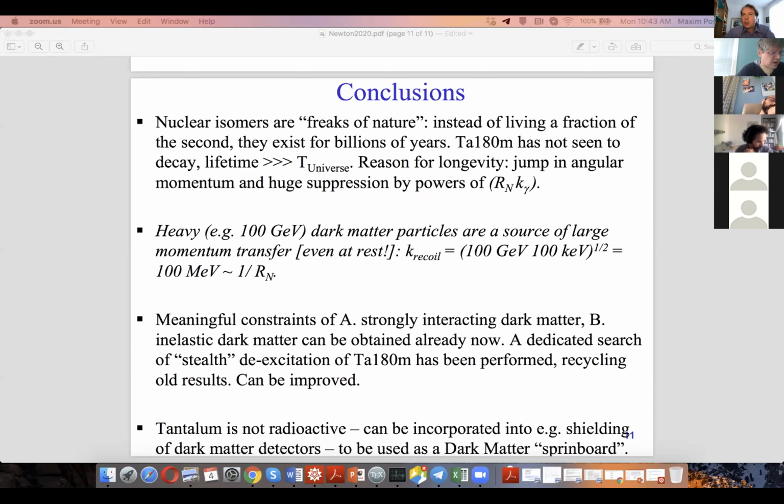That enters as an additional hindrance factor on top of the Weisskopf estimate. So to be honest, it's an estimate, right?